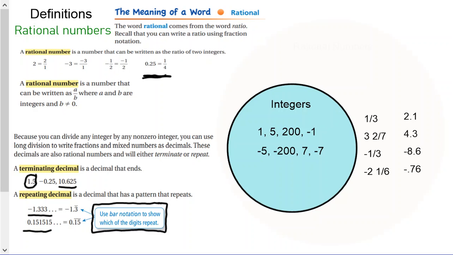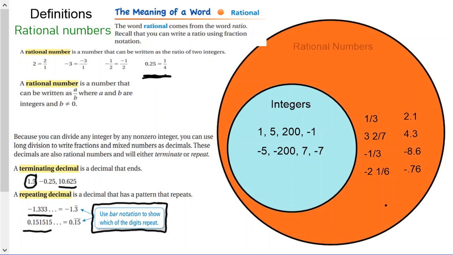Okay, so these fractions and decimals are considered rational numbers. So you'll notice here that the integer square is inside the rational number circle, because, like you see up here at the top, whole numbers, both negative and positive, can be written in fraction form.